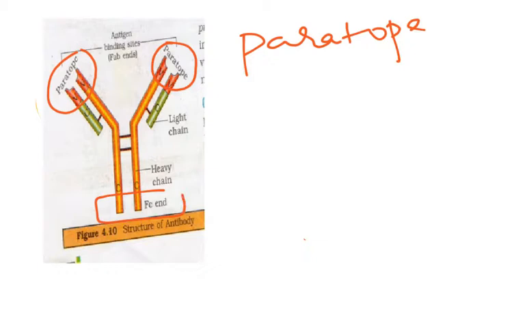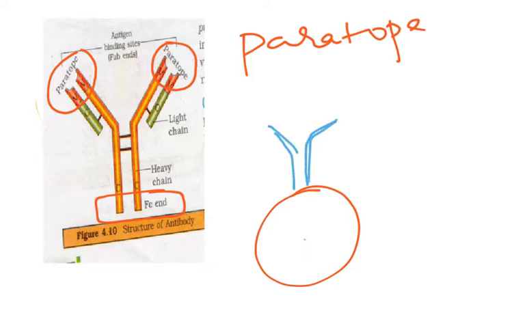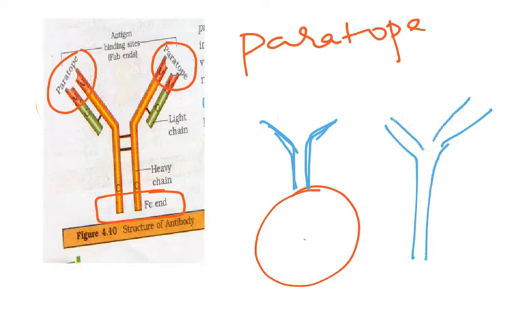Now, let us see the fragment constant region. Basically, antibodies are of two types. Some antibodies attach to cell surfaces like B lymphocytes and macrophages, and earlier we saw in humoral immunity the free antibodies which move in the body fluids. So there are generally two types of antibodies, and based on their nature we have 5 types of antibody. We will discuss that in the coming parts. When antibodies attach to cell surfaces, it is with the fragment constant region.